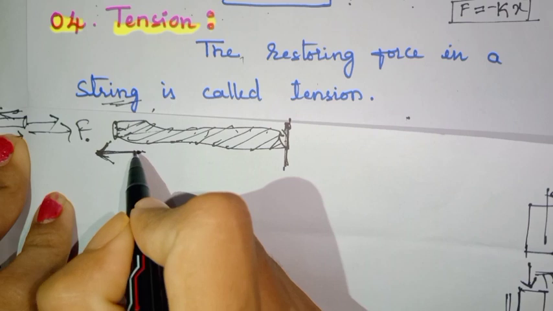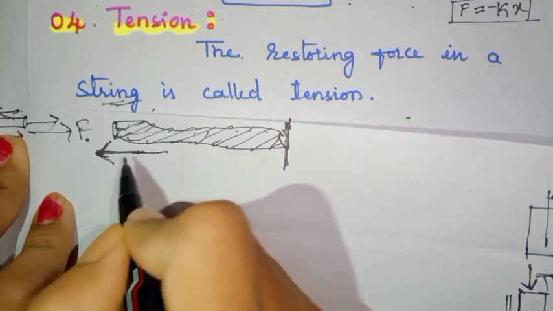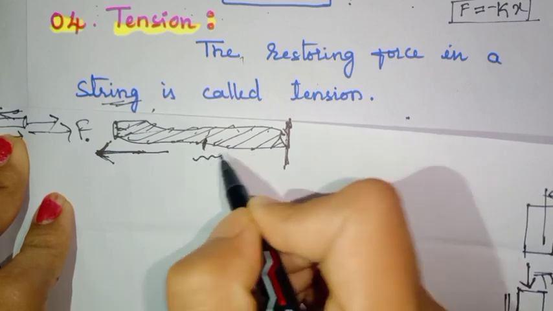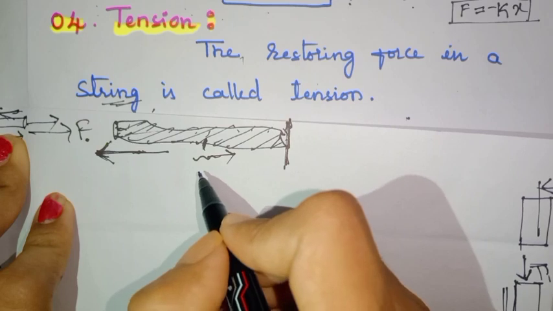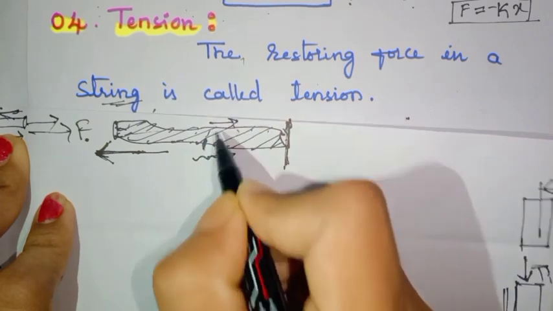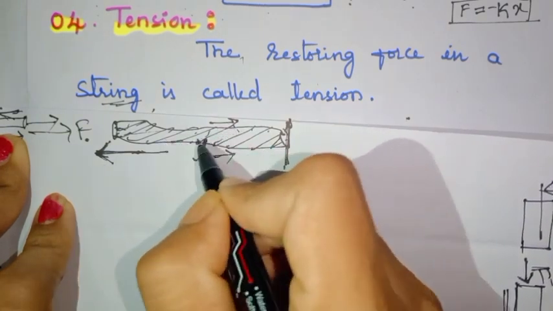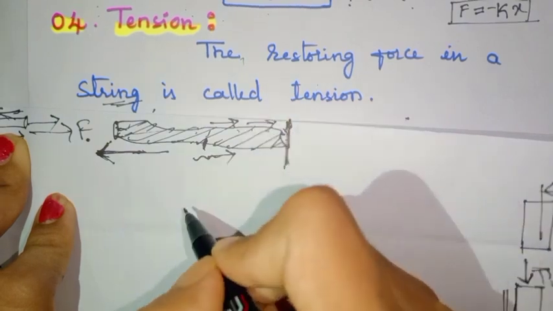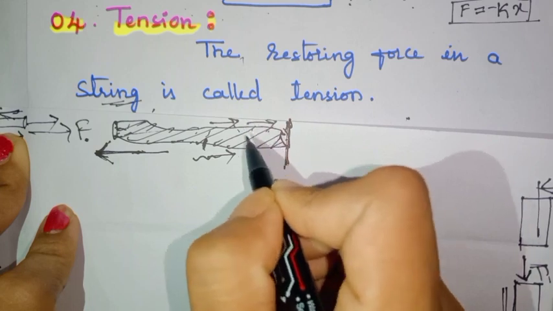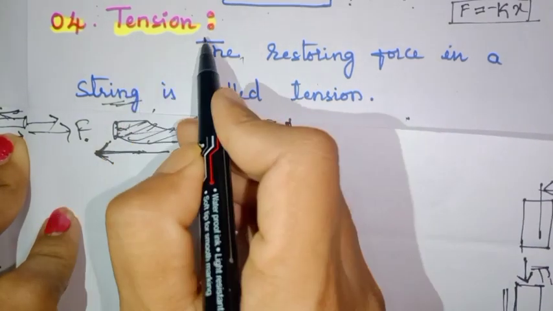Then all the layers try to move in this direction. But if you observe clearly, in between, certain layers will move in the opposite direction to the applied force. Try it and you will observe it. It is trying to bring the rope back to its original position, I mean to restore its position, and that restoring force in the string is called tension.